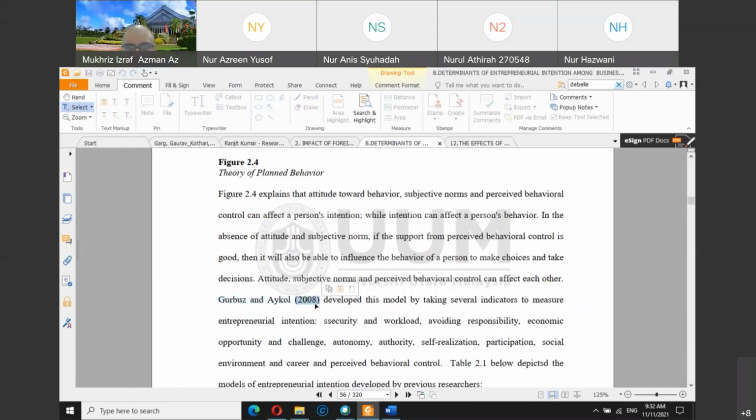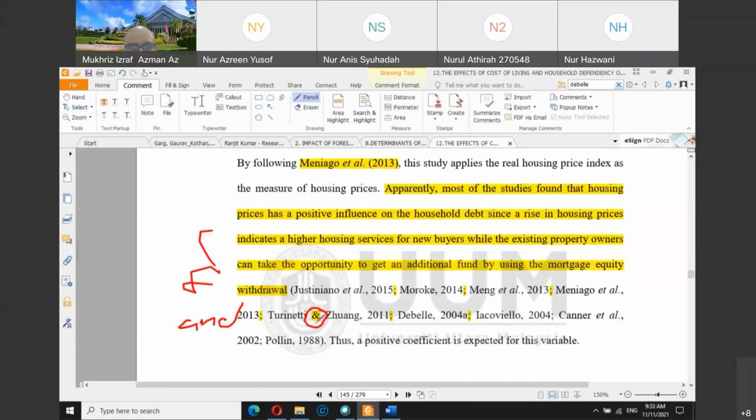So the style of writing is different. You are referring directly to this person inside the text. If you are citing within the text, you must use A-N-D, not the symbol N. The symbol N should only appear if you are citing outside, at the end of the text. So there must be a difference between using the symbol and using the word AND.